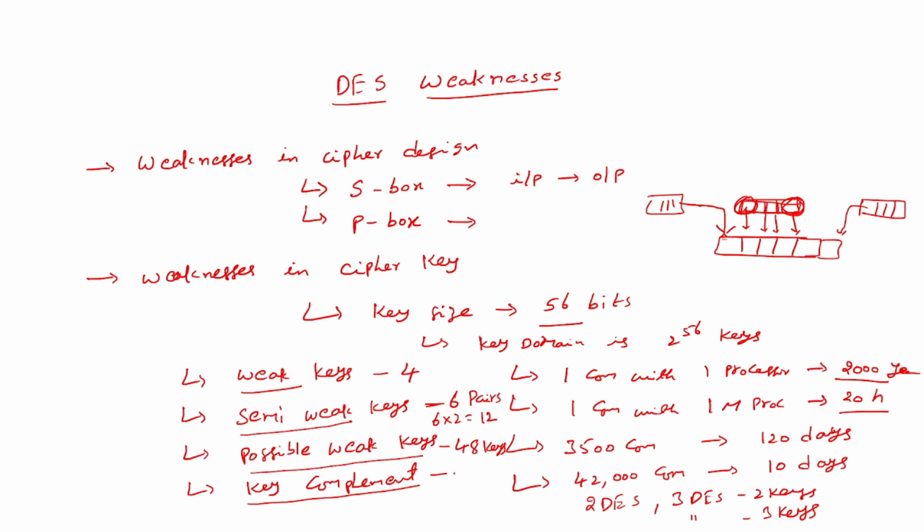So what is the benefit from this key complement? The key complement will simplify the job of the attacker. How? Because in key complement the attacker can use only half of the possible keys to perform a brute force attack. Encryption means C is equal to E of K comma P, where P is plain text, K is key, E means encryption, and C means ciphertext.